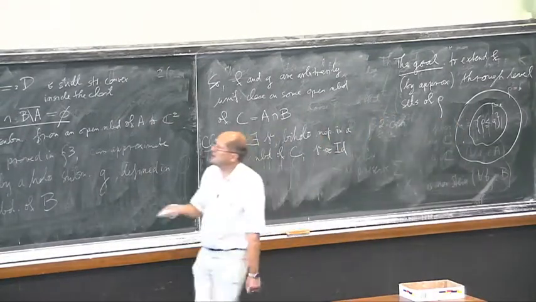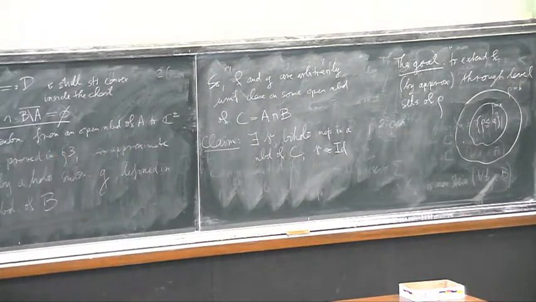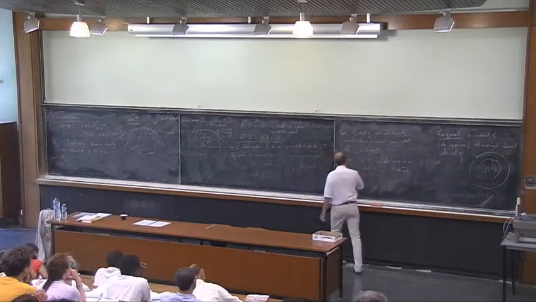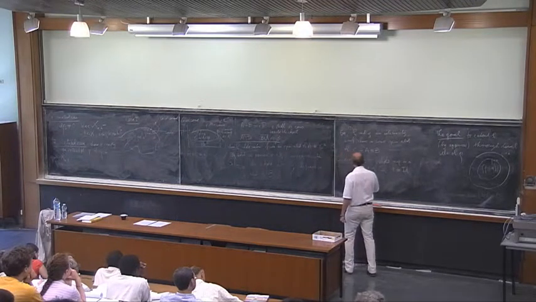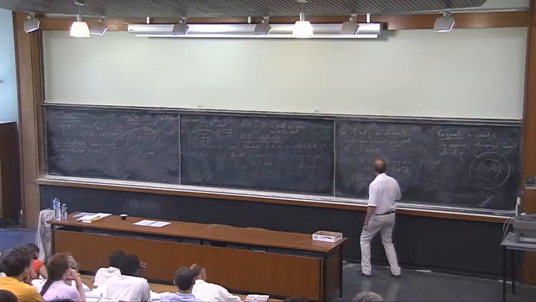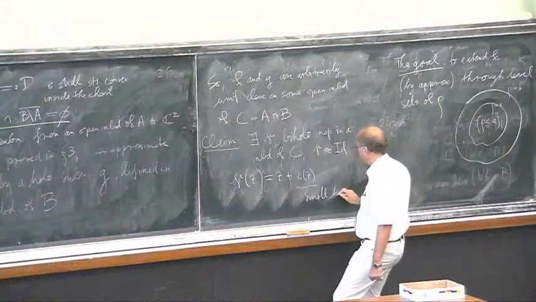In fact, since we are in Cn, I can use local coordinates. Let's say that local coordinates here are z1 up to zn. So basically, I can write gamma of z as z plus some little c of z, where this is very small, holomorphic.